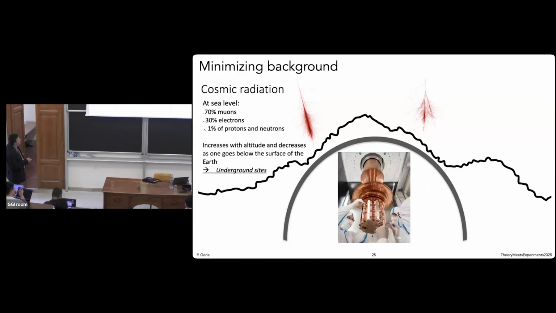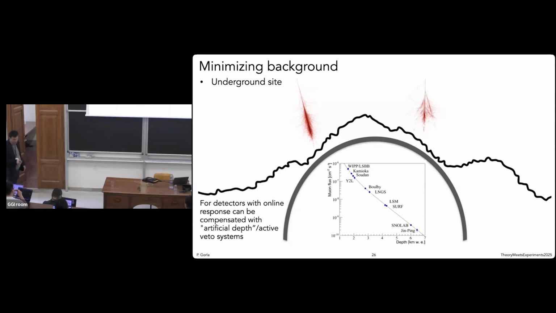So, the numbers you have: I don't have the number here, but roughly at sea level you have some 1 muon per square centimeter per second.